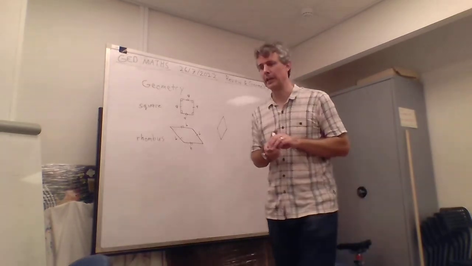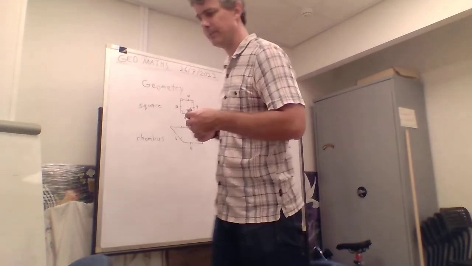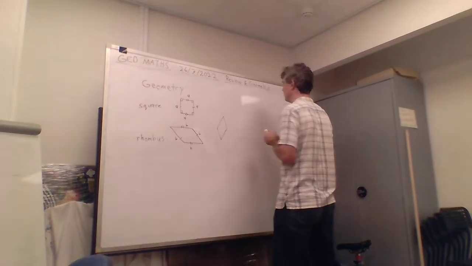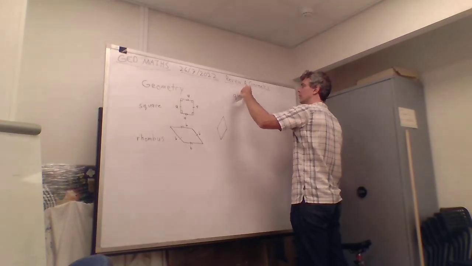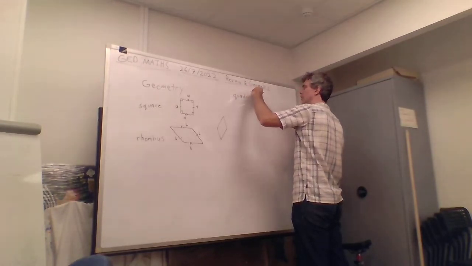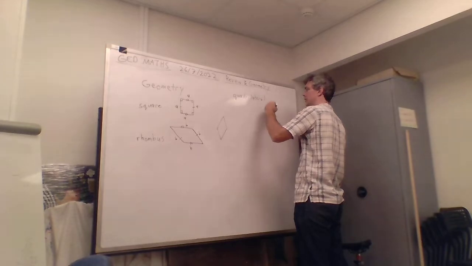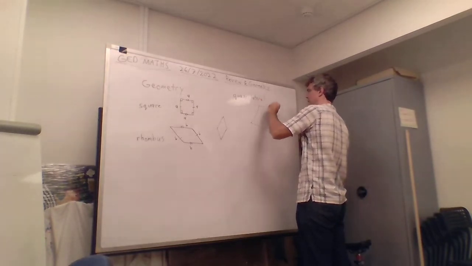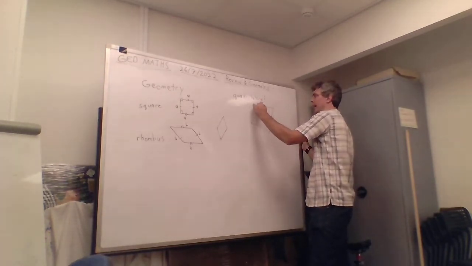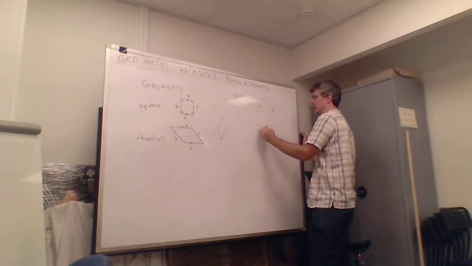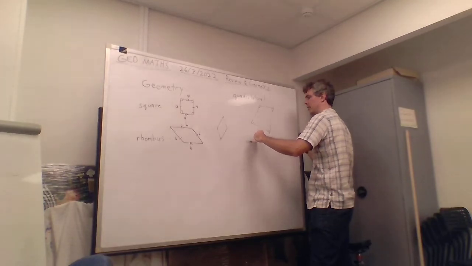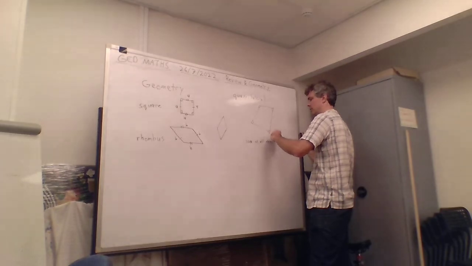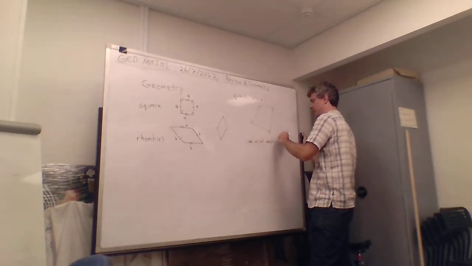That's basically it on shapes. There's one other thing. For a quadrilateral, a four-sided figure, the sum of all angles equals 360 degrees.